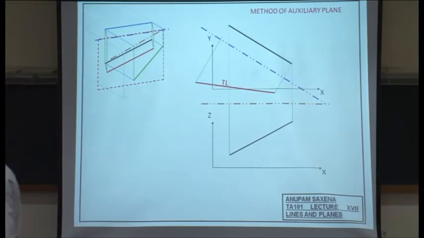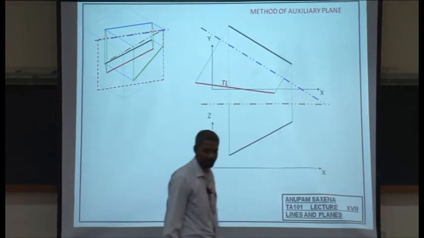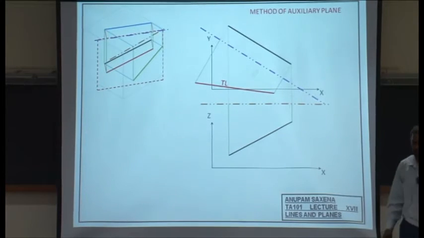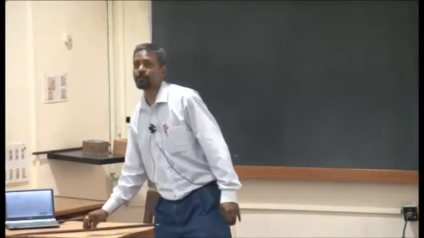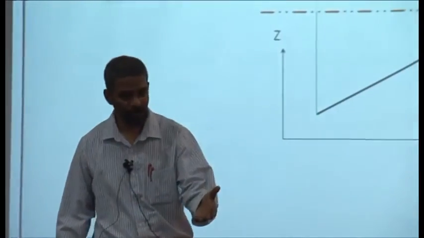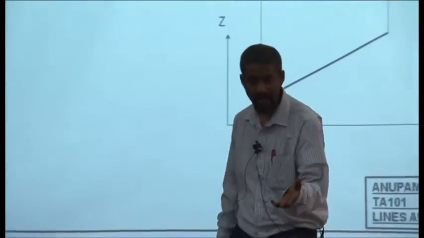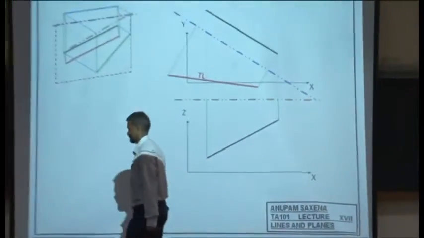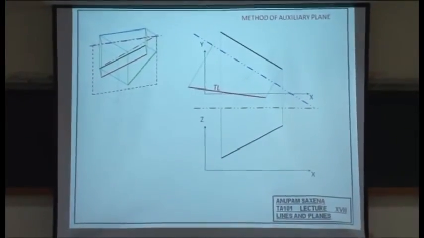What is the benefit of drawing that purple line? You would have directly drawn the line from there. Okay, so somebody here asked me what is the benefit of drawing that purple line if you can draw the projections directly from that black line. And I'll tell you what the benefit is.